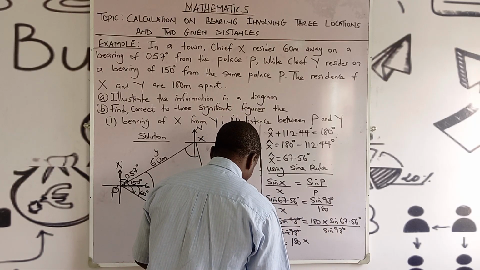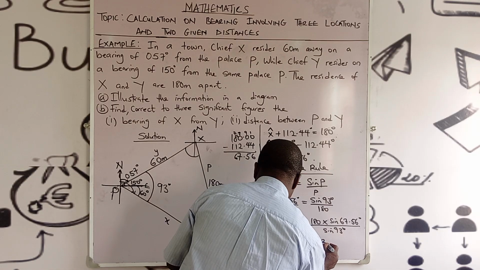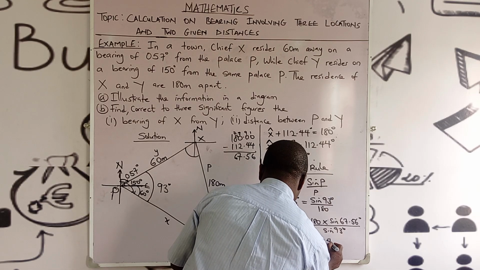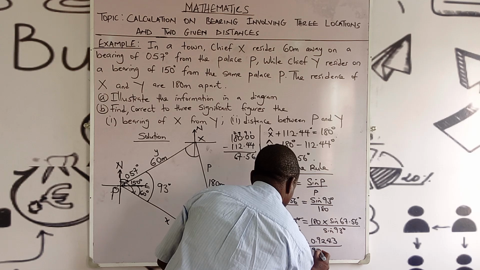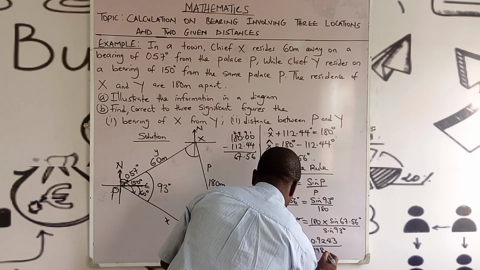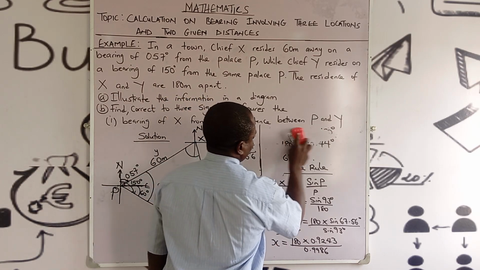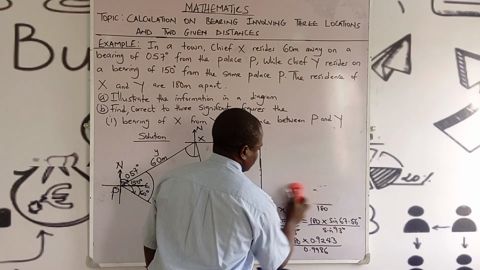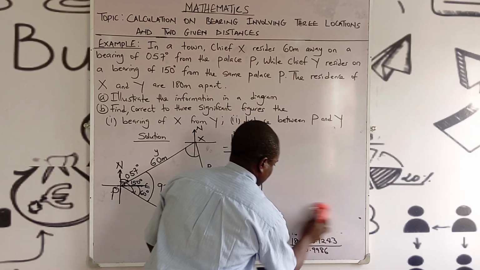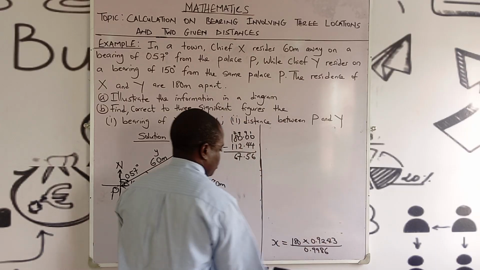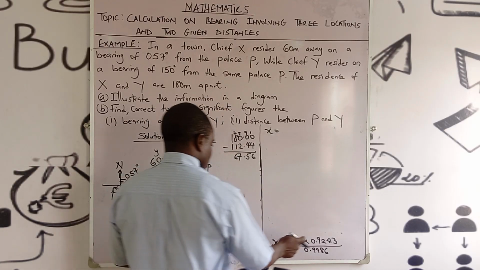You have 0.9243, divided by sine 93, which is 0.9986.